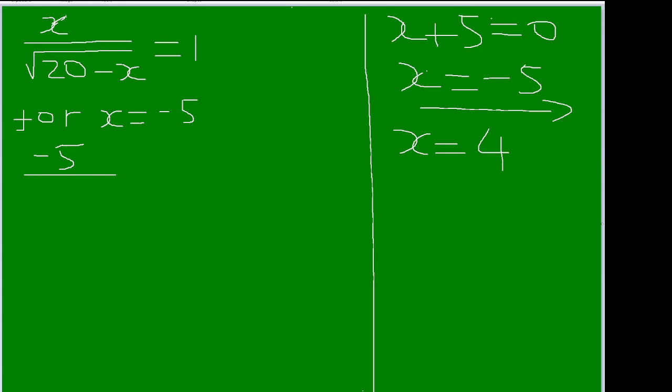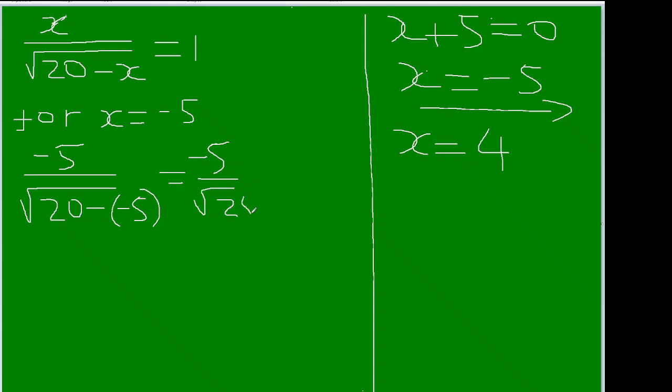So negative 5 divided by the square root of 20 minus negative 5 will be equal to negative 5 divided by the square root of 25. The square root of 25 is 5, so negative 5 divided by 5 is equal to negative 1.